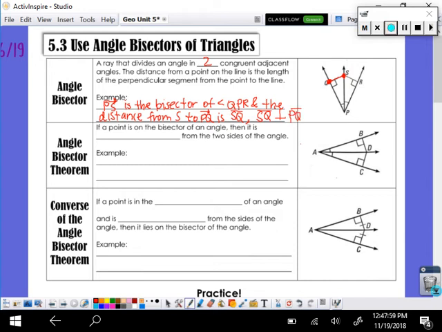Okay, so big thing here, your distance must be perpendicular to the side of the angle. Alright?